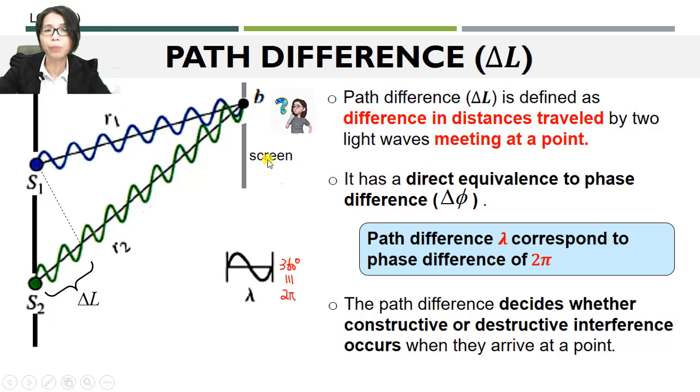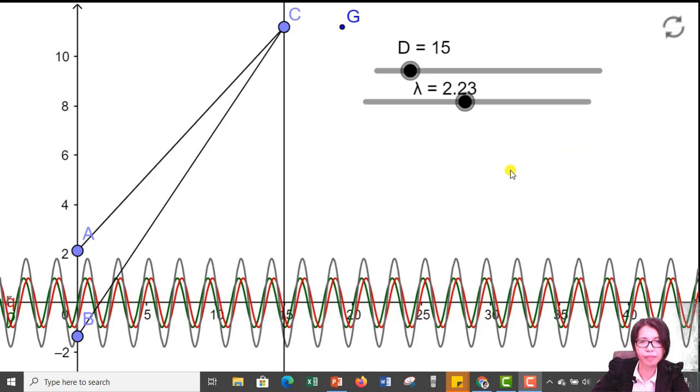It will be determined by the path difference between these two light sources. So if we have two light sources, the path difference when they meet at a certain point will determine whether we obtain constructive or destructive interference.